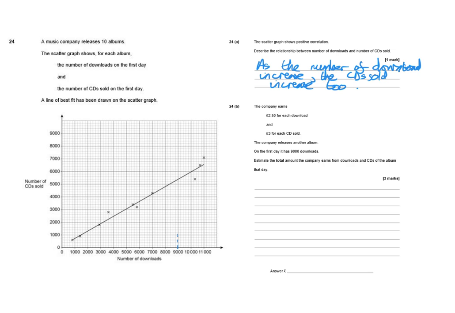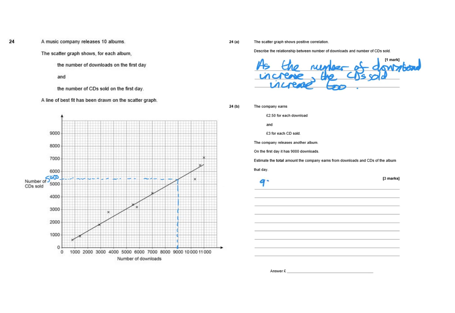So for 9,000 downloads, let's see what the expected number of CDs sold would be. And that looks like it's going across. Each square's worth 200. So I reckon that would be 5,400. Okay, so let's see how much money they made, shall we?